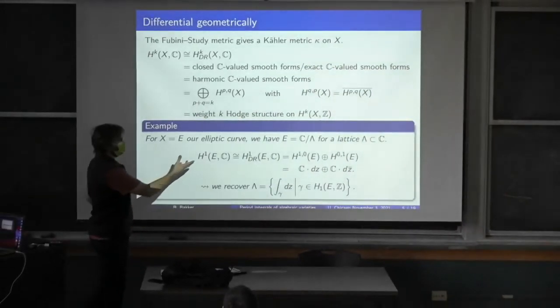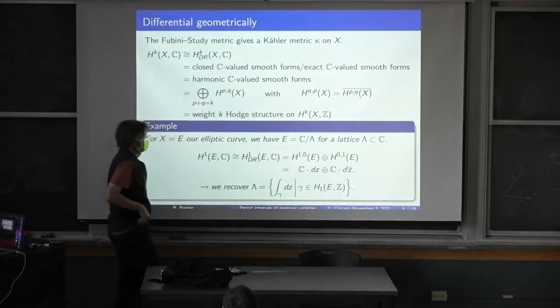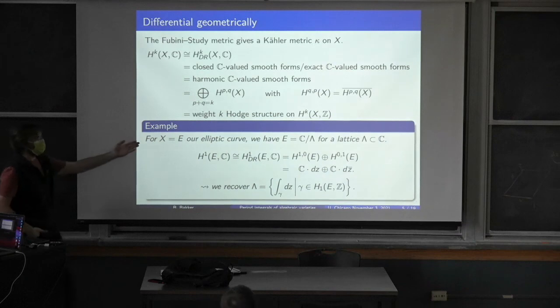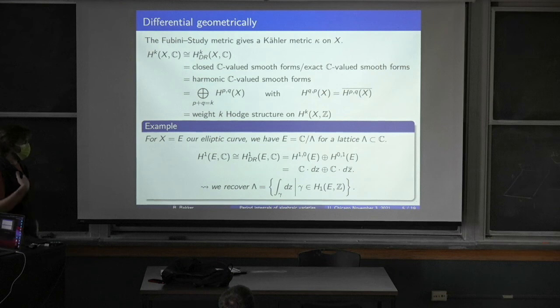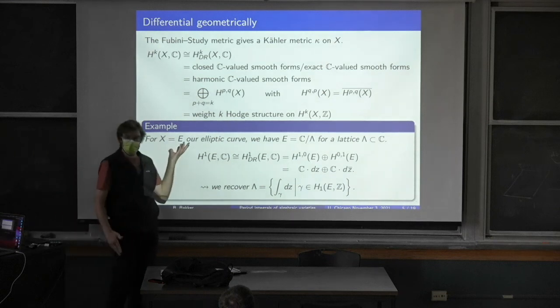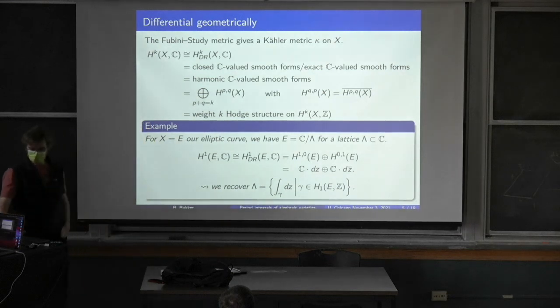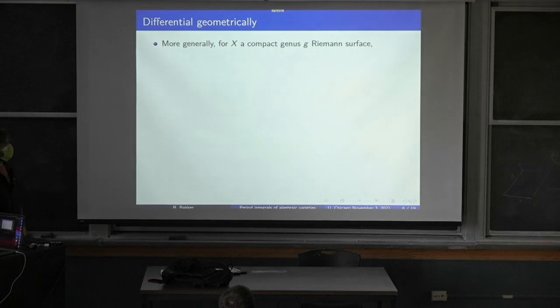So equipped with this additional datum of the Hodge decomposition, we can nail down the elliptic curve E as a holomorphic manifold. So it carries way more information. It's in fact a complete invariant for elliptic curves.